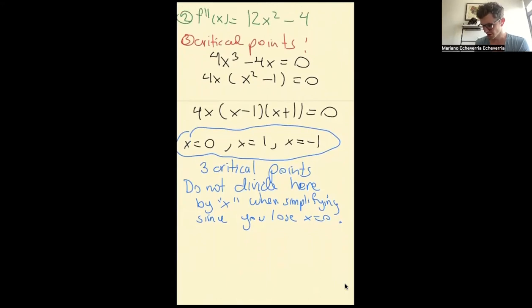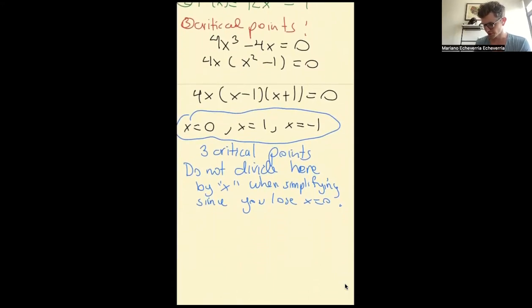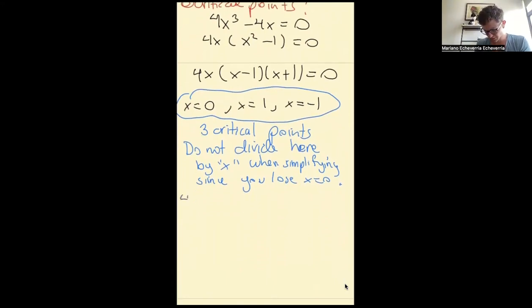Okay, and then what comes next is to analyze where the function is increasing, decreasing, and all that stuff. So where is the function increasing? Again, the first derivative was 4x times (x minus 1)(x plus 1). What you should do here is draw the number line.